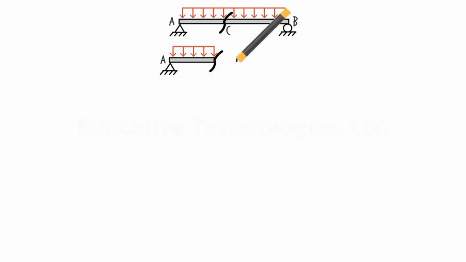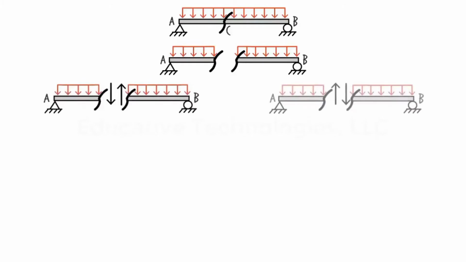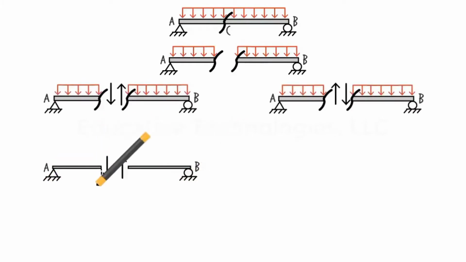Consider a simple beam. If we cut it, say at point C, we need to show the internal shear force and bending moment at the cut point. The shear force has to be shown as a pair of vertical forces acting in opposite directions. So the pair has to be drawn either like this or like this. In the first scenario, the shear force tends to rotate the beam segments in the clockwise direction.